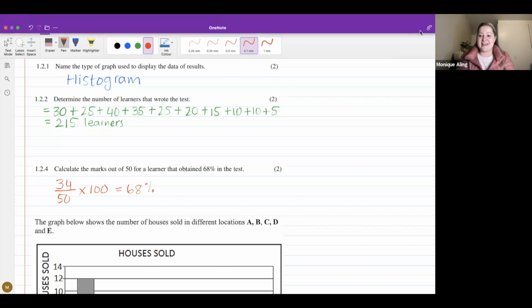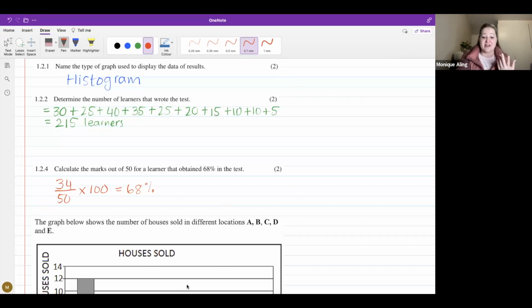Well done. Okay, then another way you can do it is take the percentage. We know that it's 68%. 68 as a fraction is 68 over 100. We want to get a mark out of 50, so we get the 100 equal to 50, so I divide by 2.